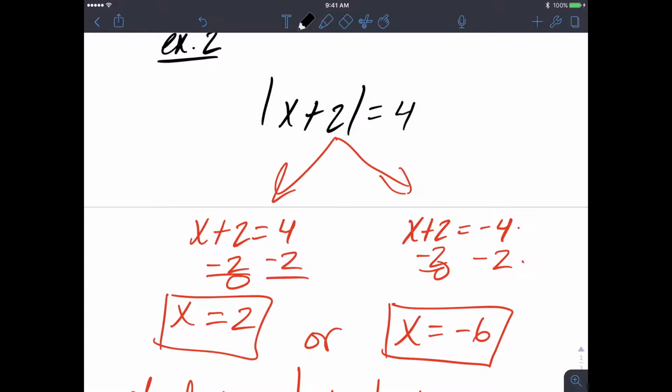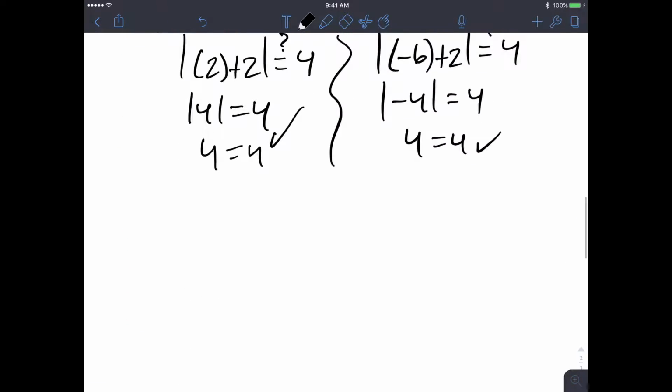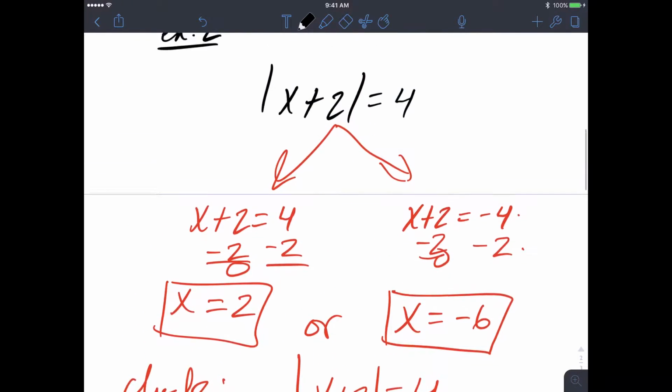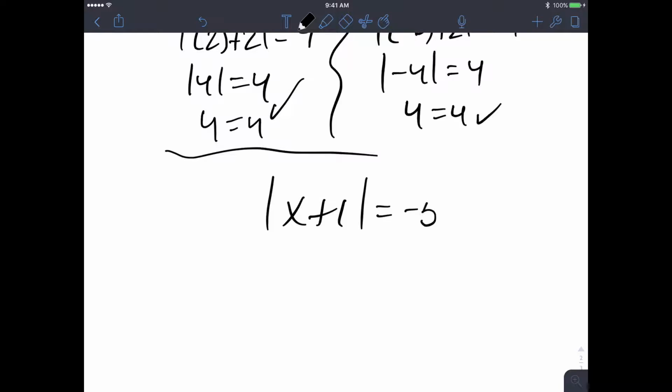Hopefully that was an easy example. Let's do something a little bit more difficult. Here's a question. What if you had something like this? The absolute value of x plus 1 equals -5. How do we do those with the negative?